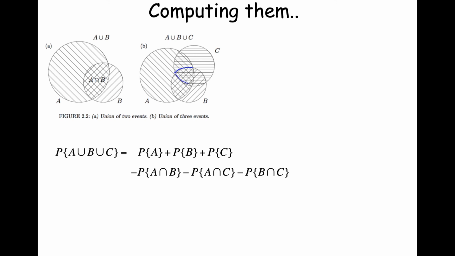This is the three-way intersection between A intersect B intersect C. When we subtracted that out, something bad happened. When we subtracted out this two-way, we also subtracted out that three-way, because the three-way intersection exists within each of these two-way intersections, right?